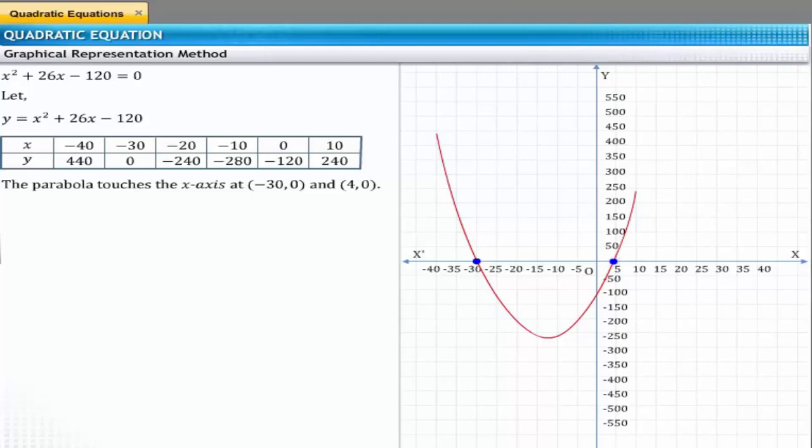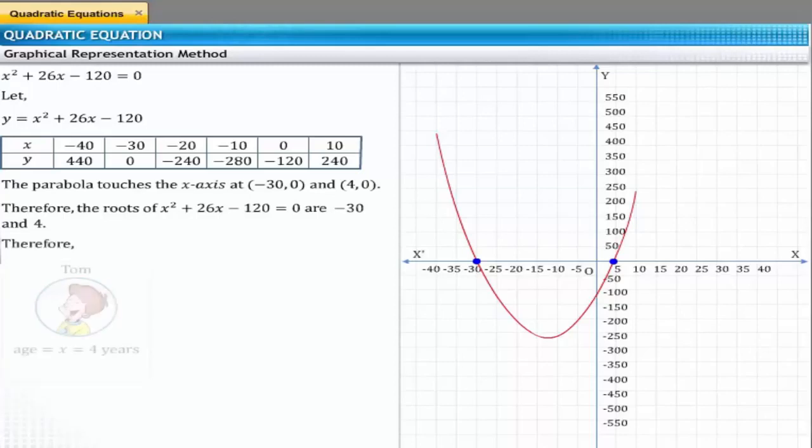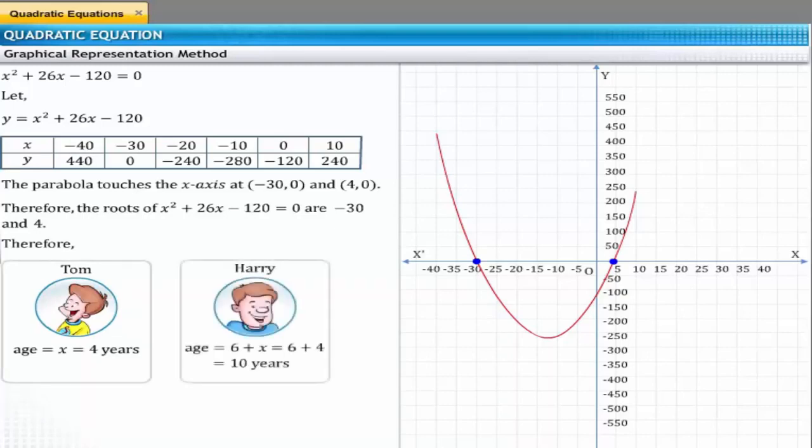Since this parabola touches the x-axis at minus 30 and 4, the roots of the quadratic equation are minus 30 and 4. Therefore, Tom's age is equal to x is equal to 4 years. Harry's age is equal to 6 plus x years is equal to 6 plus 4 is equal to 10 years.